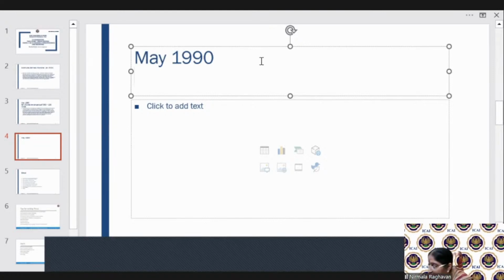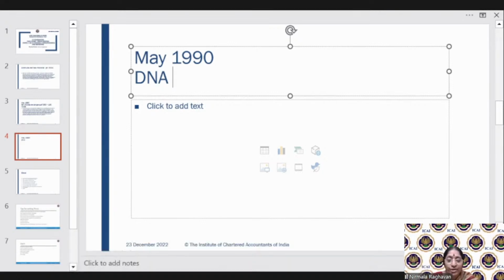Now, the title: DNA. I wrote DNA researches in the modern era.